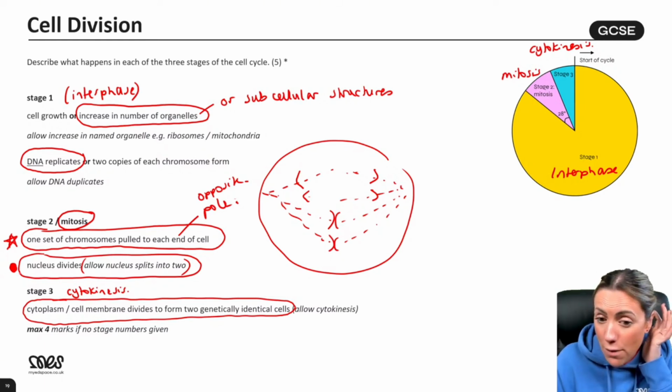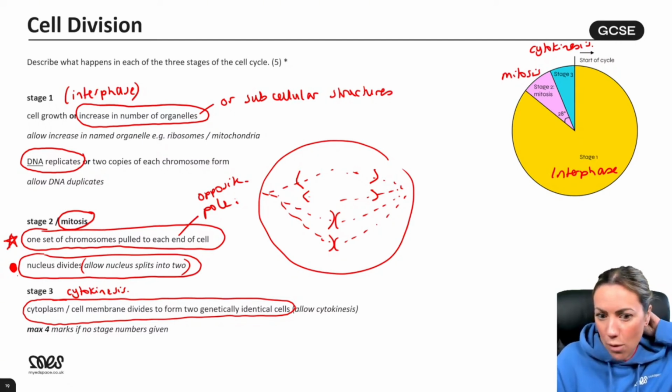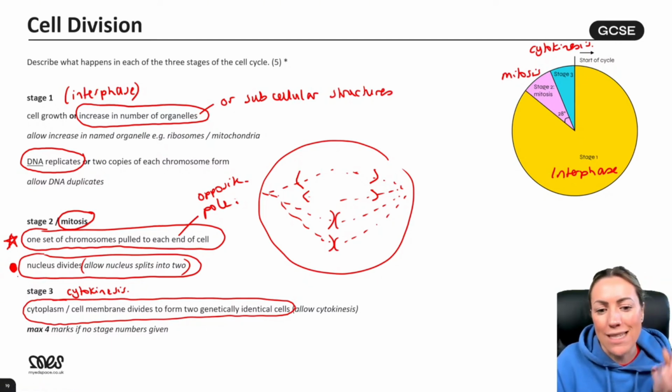Yes, there were only 2 marks available for stage 2, mitosis, Jeanette, and that was one set of chromosomes is pulled to each end of the cell or each opposite pole, and the nucleus divides. Mitosis literally means nuclear division, okay? Interphase comes before it, cytokinesis comes after it, but mitosis is literally nuclear division.